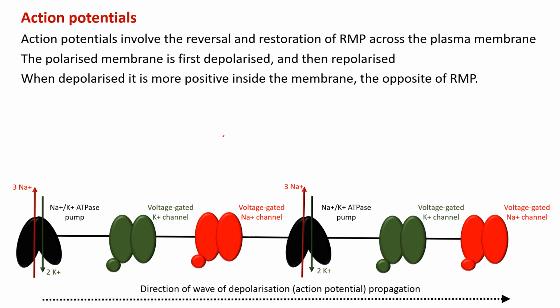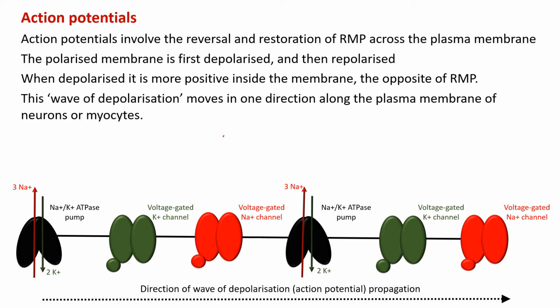When depolarized, it is more positive inside the membrane, which of course is the opposite of being polarized at RMP. This wave of depolarization moves in one direction. There are various mechanisms to ensure this that, again, we'll talk about later. The wave of depolarization moves in one direction along the plasma membrane in excitable cells, i.e. neurons or myocytes.